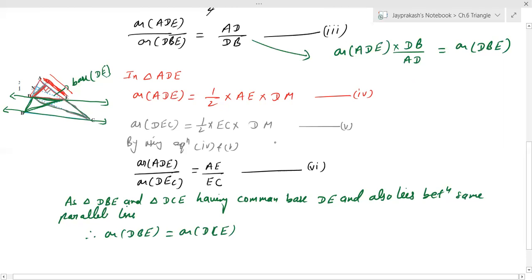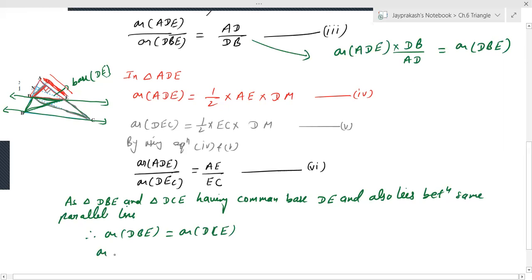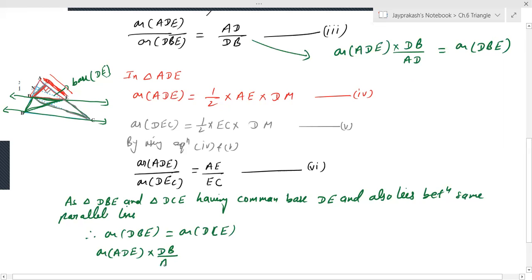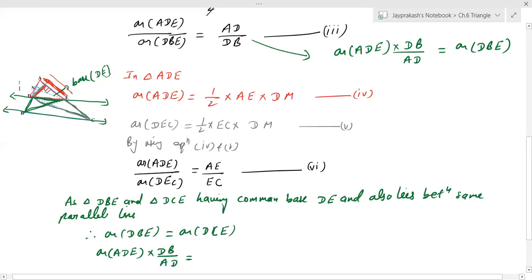This part is not written in the textbook. They have written it directly. So we can write here area of ADE into DB upon AD.